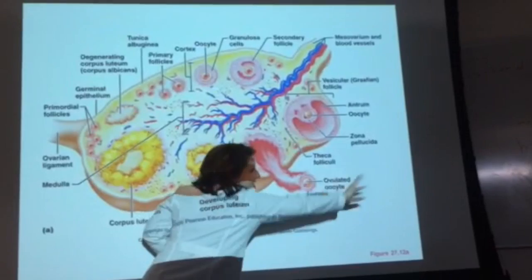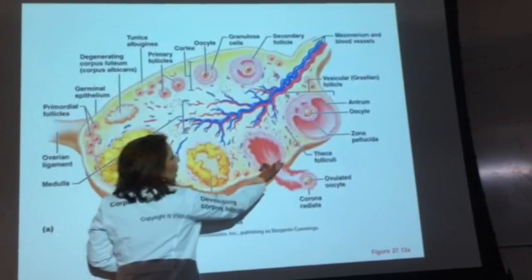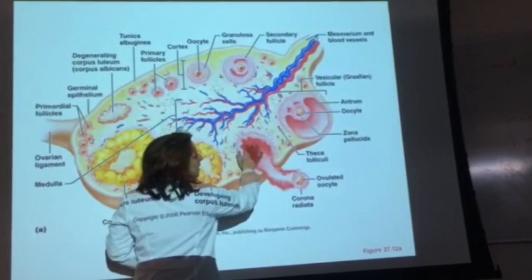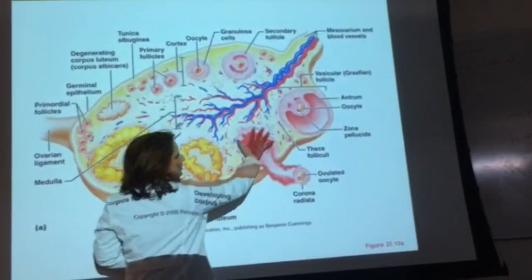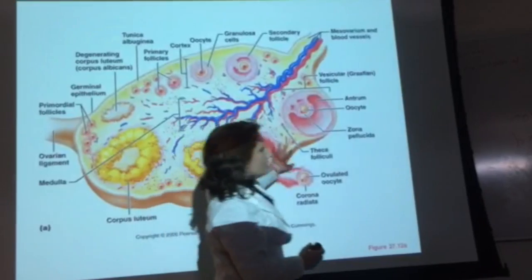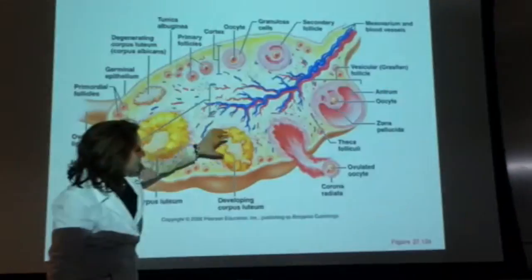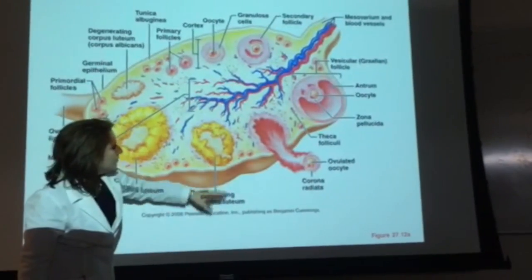This is going to go down the fallopian tube, whereas this is going to start to fill up with blood and clot, and then it's going to close up. So this now is going to be called corpus hemorrhagicum, because it's hemorrhaging inside and then gets clotted blood. Then it starts to form the corpus luteum. Luteum means yellow.